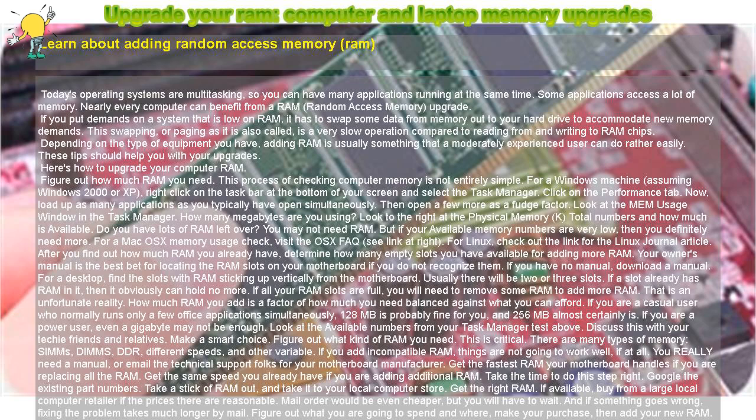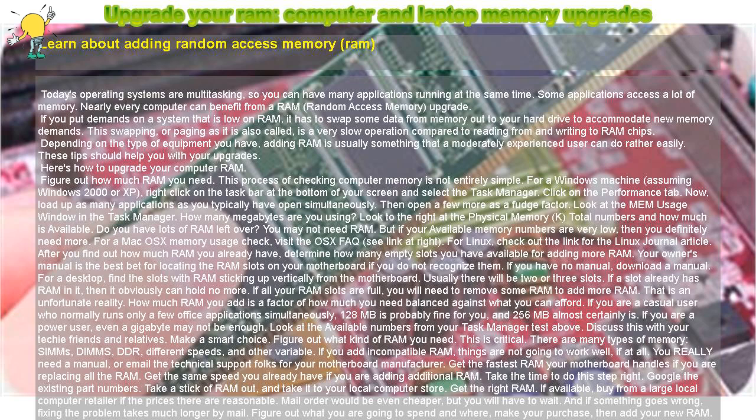Figure out what kind of RAM you need. This is critical. There are many types of memory: SIMMs, DIMMs, DDR, different speeds, and other variables. If you add incompatible RAM, things are not going to work well, if at all.